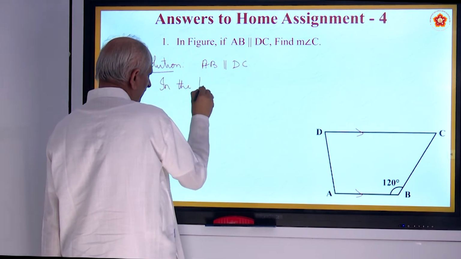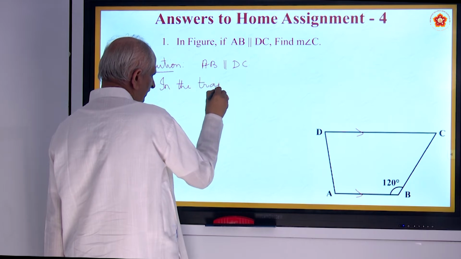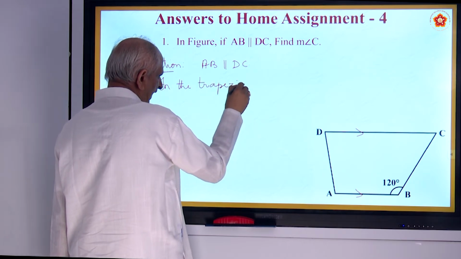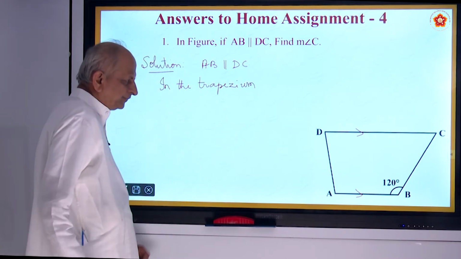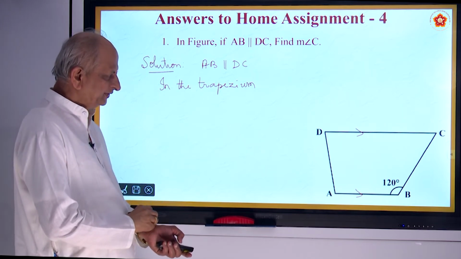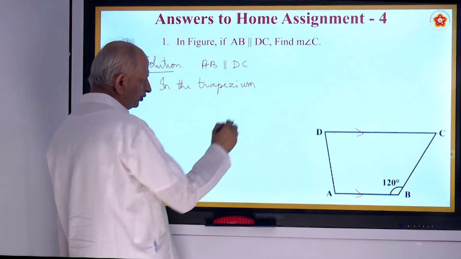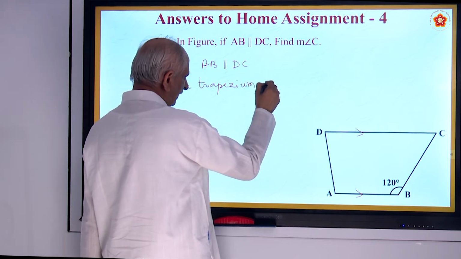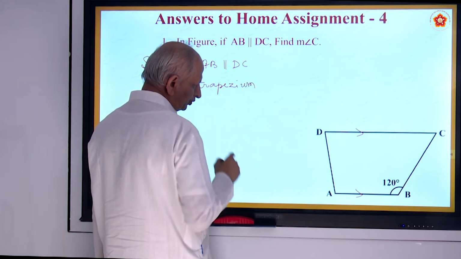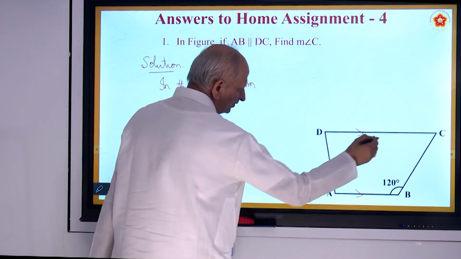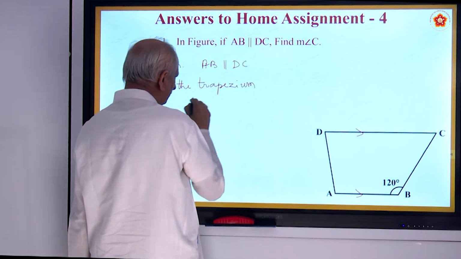Why is it a trapezium? One pair of opposite sides are parallel. So, in the trapezium, AB is parallel to CD. When they are parallel, the sum of the interior angles is equal to 180 degrees.